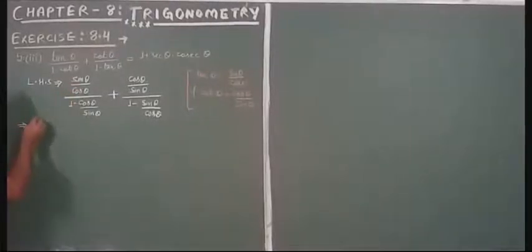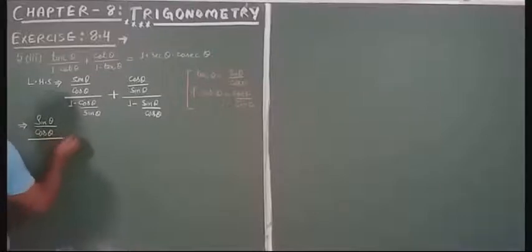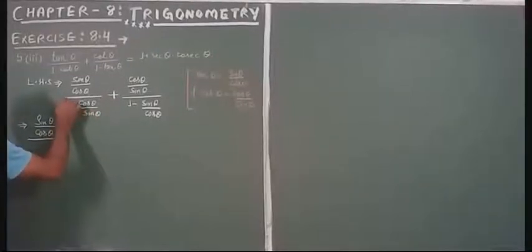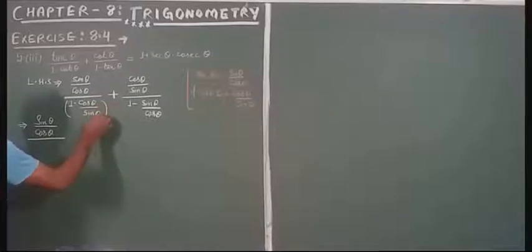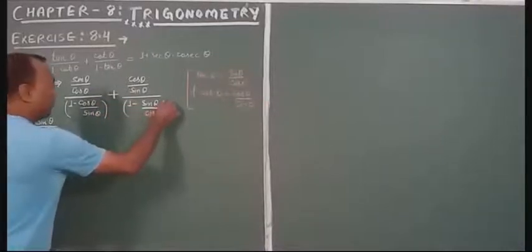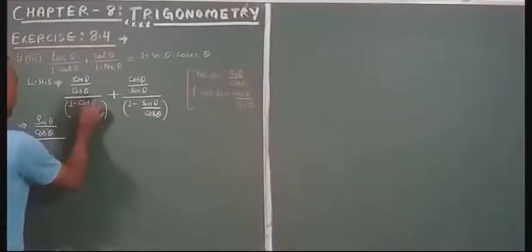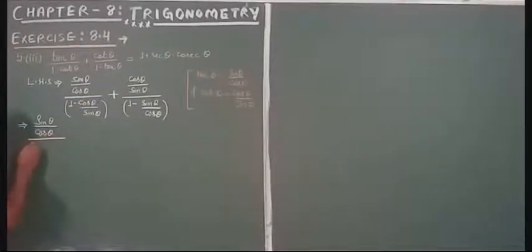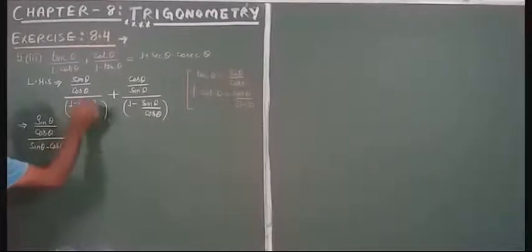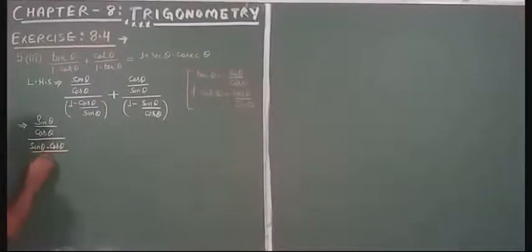Just look at the numerator. This is sin theta upon cos theta, and this whole is divided by, taking the LCM here, sin theta minus cos theta upon sin theta.